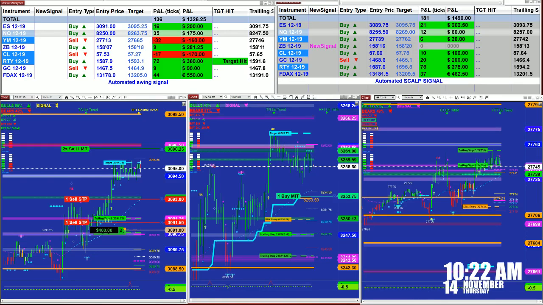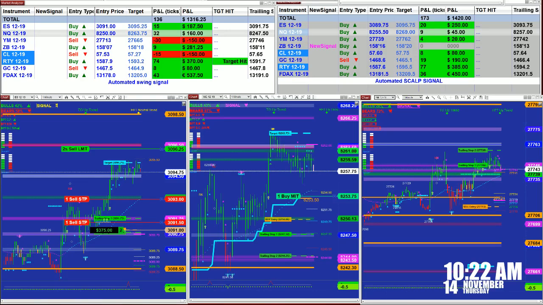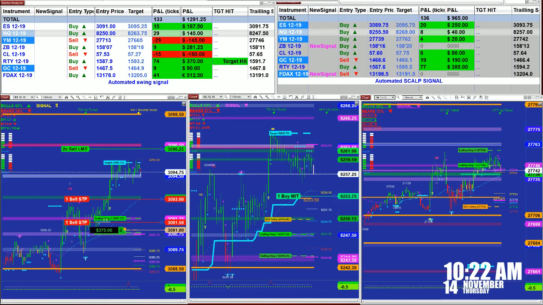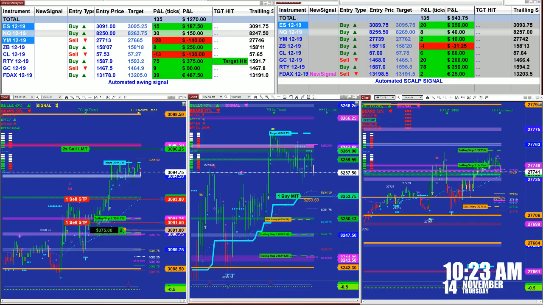You can have the ES on a micro account, NASDAQ on a mini account, or you can have the swing trading on 1 account and the scalping on a different account, and you just manage your trade. So this is not very hard to do, and at the same time, we are not making decisions. We are just increasing our profit.